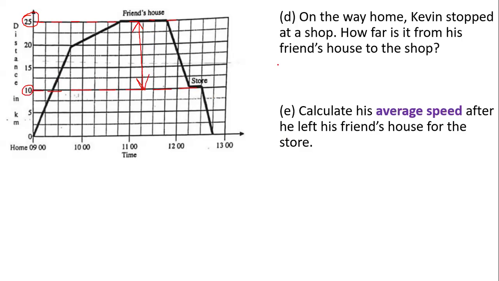So we're going to say 25 kilometers minus 10 kilometers is equal to what? 25 minus 10 is what? 15. Very good. 15 kilometers.